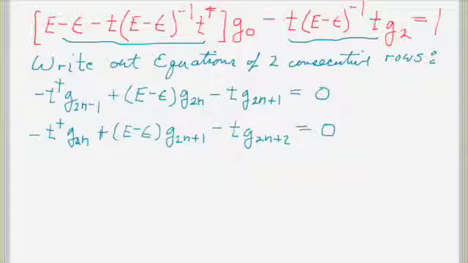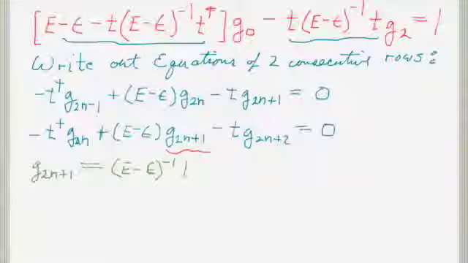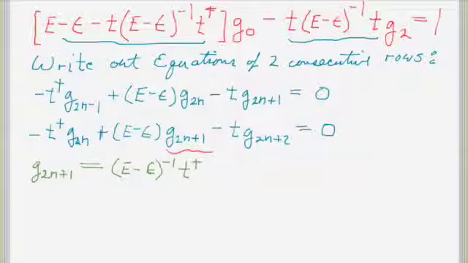And so we're going to do the same trick. We're going to use the second equation to solve for this guy in terms of G2n and G2n plus 2. Okay, and we'll do that, and we get G2n plus 1. It's going to look just like what we did before: (E minus epsilon) inverse T dagger G2n plus (E minus epsilon) inverse T G2n plus 2.